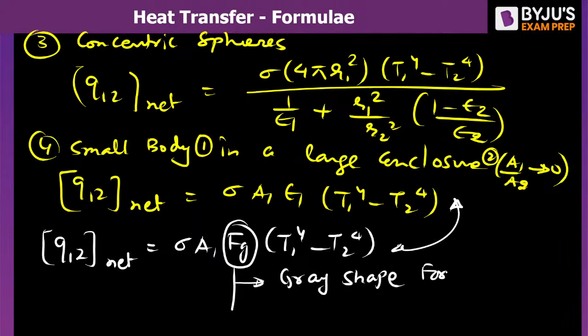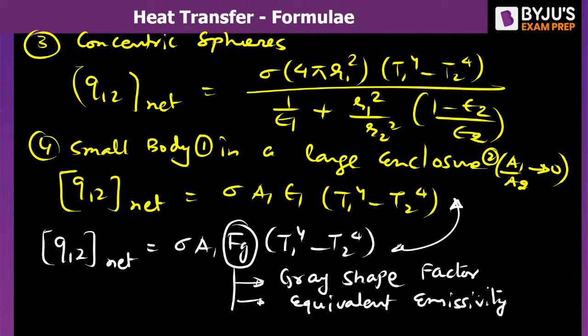This is known as gray shape factor, Fg. Or it is called equivalent emissivity. Or we can also call it the interchange factor. And the last one is the shield.